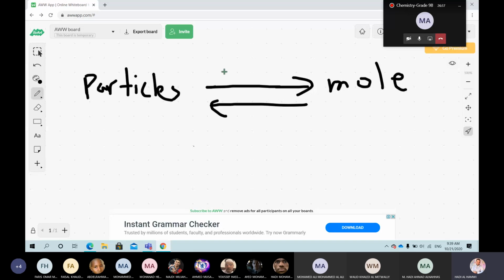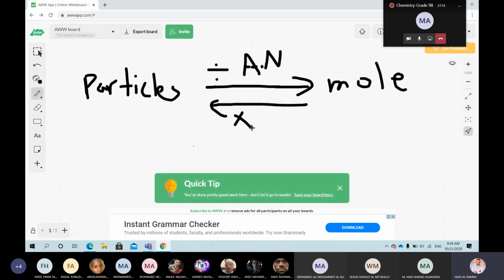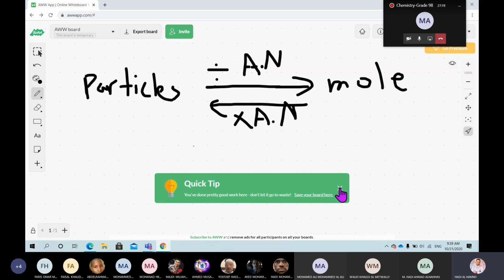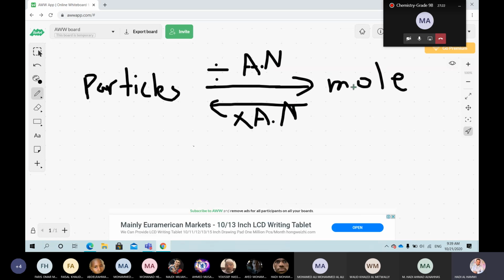From moles to particles, you multiply by Avogadro's number. Don't forget this. From particles to moles, you divide by Avogadro's number. From moles to particles, you multiply by Avogadro's number.